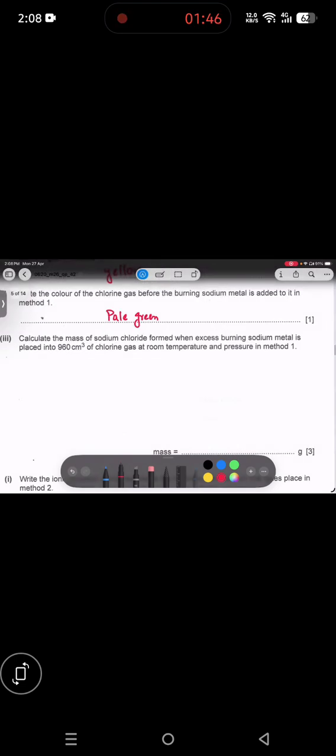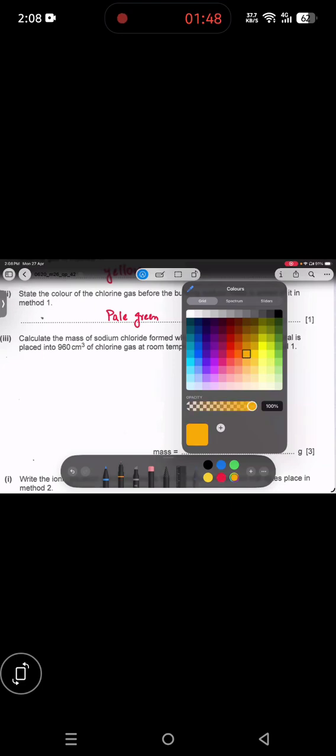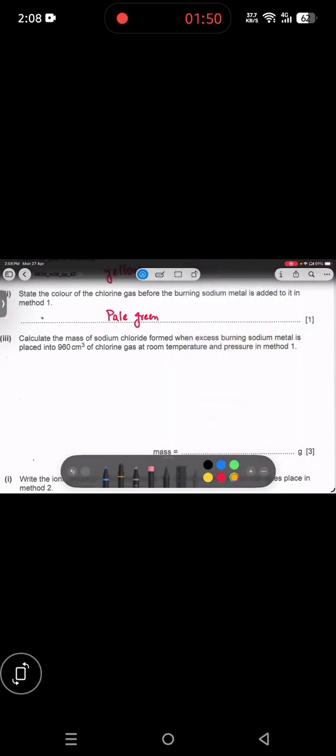Now, calculate the mass. We have to calculate what? We have to calculate the mass of sodium chloride formed when an excess of sodium metal is placed into 960 cm³ of chlorine gas at room temperature and pressure.